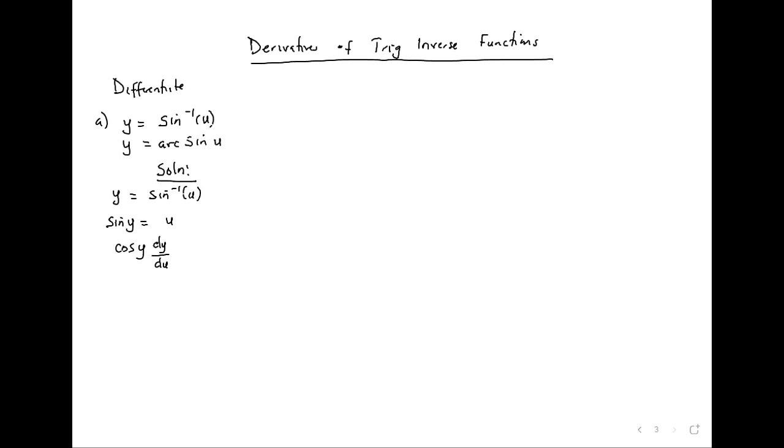But if we say dy/dx, then we also differentiate u on the right with respect to x. So that we'll have then dy/dx is equal to u prime divided by cos y. So you divide for you to get the dy/dx, which we are looking for. So I've gotten u prime over cos y.